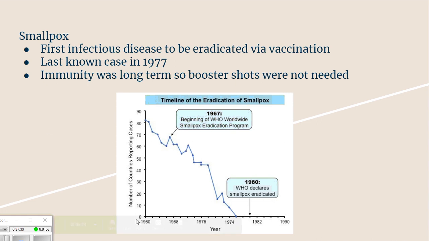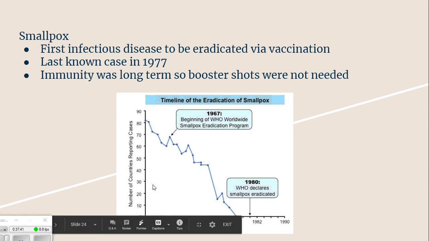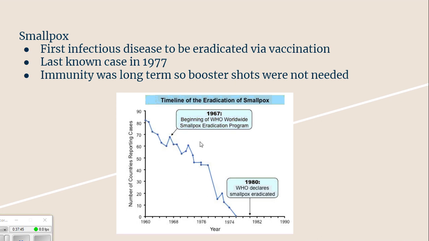This diagram here shows the number of countries reporting cases of smallpox. And in 1967, this is when the eradication program began by the World Health Organization, and they undertook a global effort to vaccinate like everybody on the planet and track down the disease.